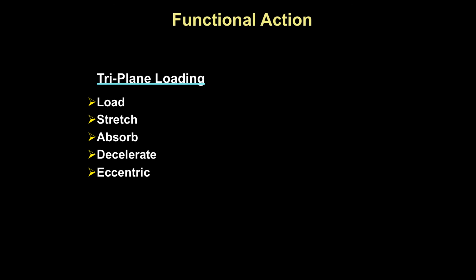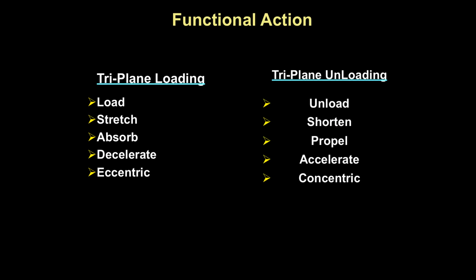As you stop moving into the loading or deceleration phase of the jump, there's a momentary stabilization phase when the downward forces stop and the subject begins to accelerate out of the squat movement. When this occurs, triplane unloading of tissue is characterized by shortening of fibers, propelling, acceleration, all commonly called concentric.